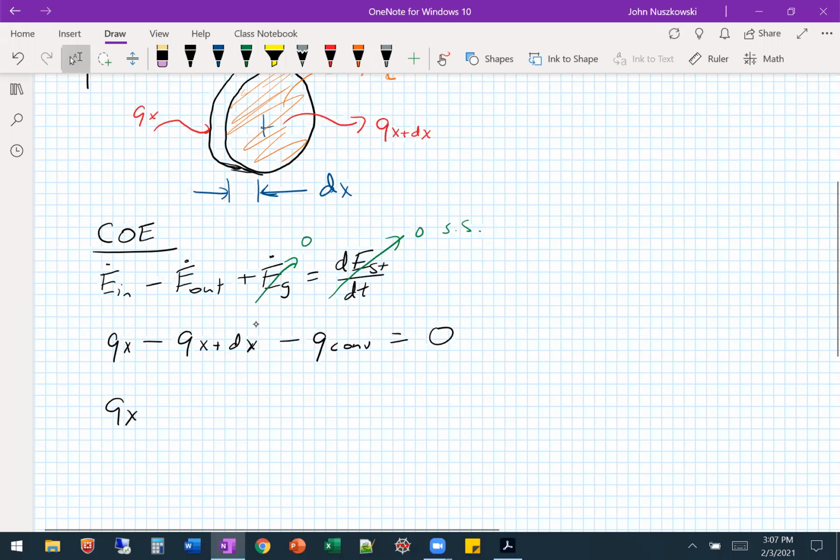So we have Qx, and if we do our Taylor expansion like we did for the heat equation, for Qx plus dx, we get this.